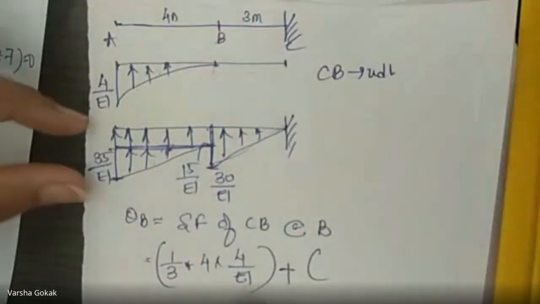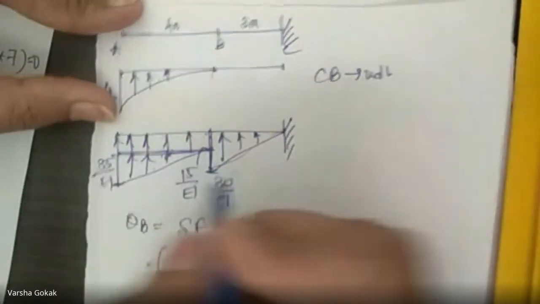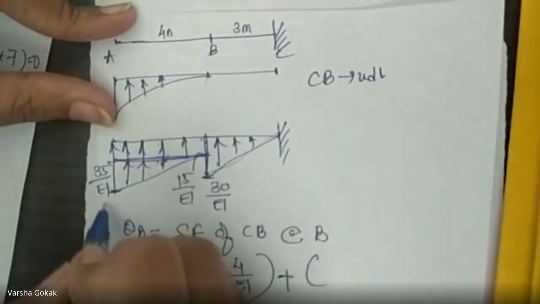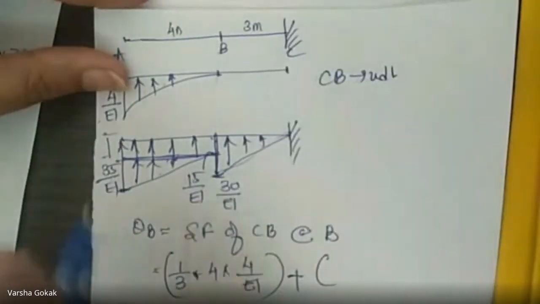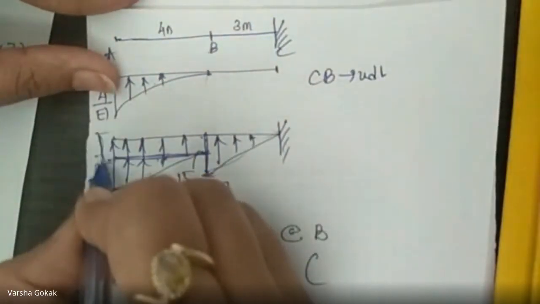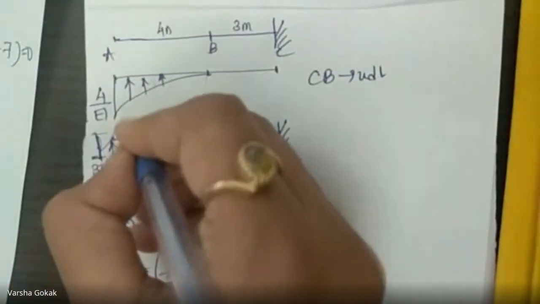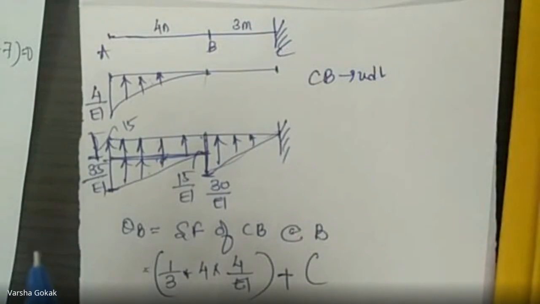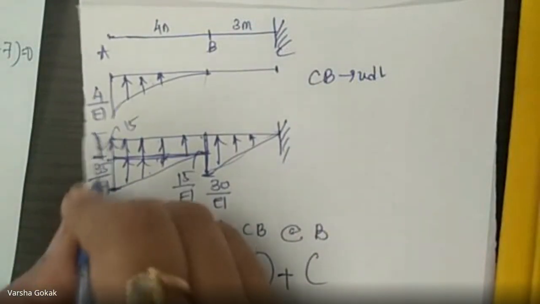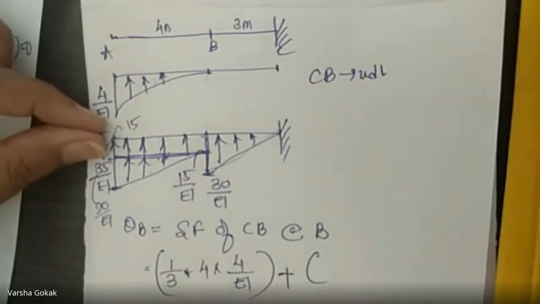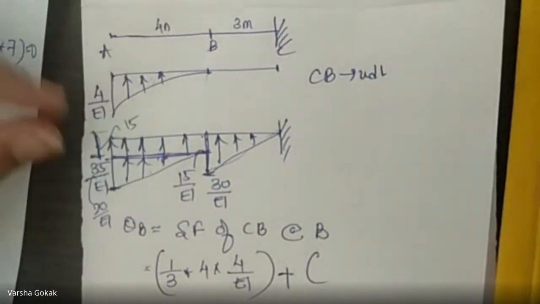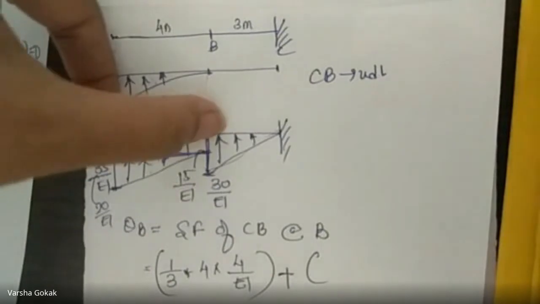Rectangle is 35 minus 15. How much? Total is 35, so 35 minus 15 is 20. This height is 20, this height is 15. So for the rectangle, it is 15 by EI into 4.